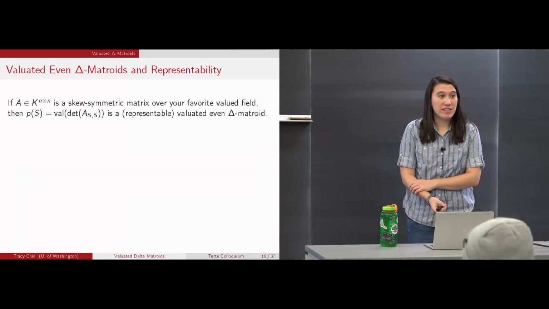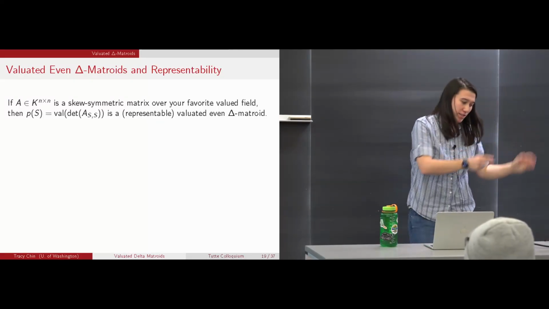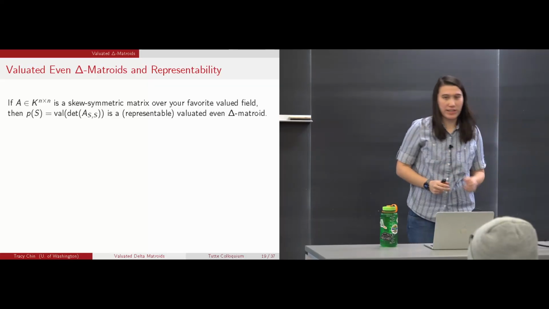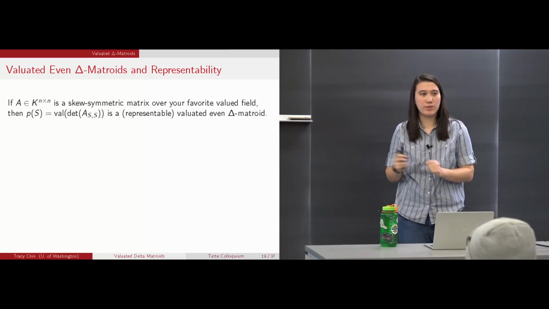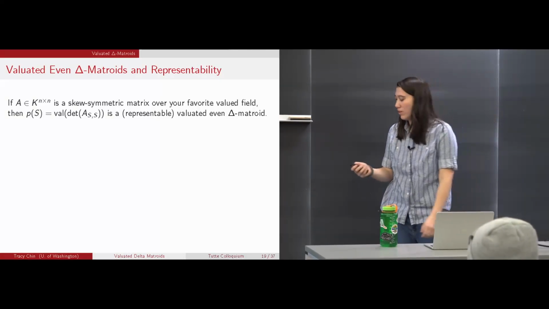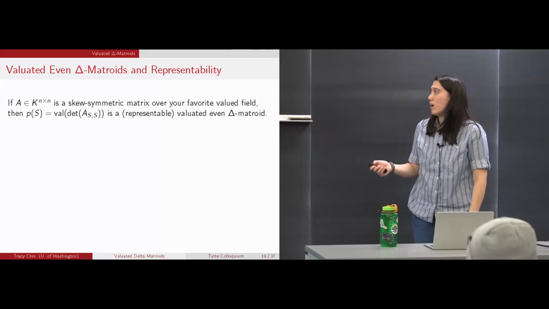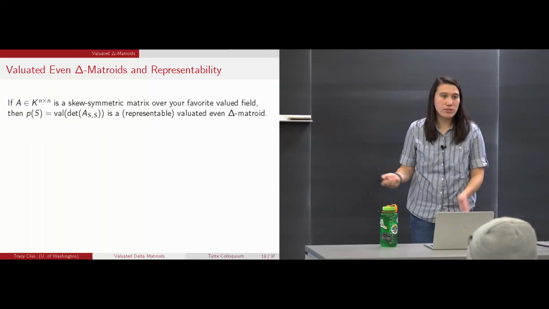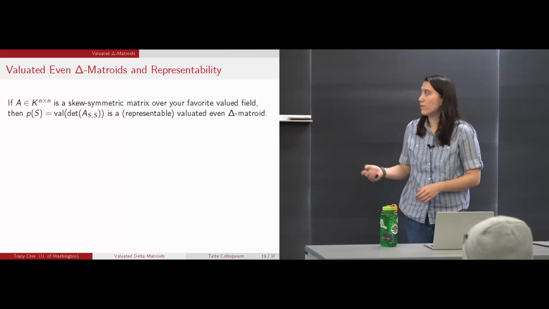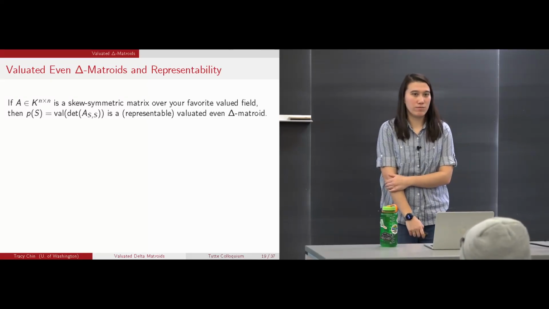And just like matroids, we talked about how they come from the Grassmannian, and then if we do the Grassmannian over a valued field, we get valuated matroids. Here, if we take our skew symmetric matrix, because we want it to be even, over your favorite valued field, you end up with a valuated even delta matroid.